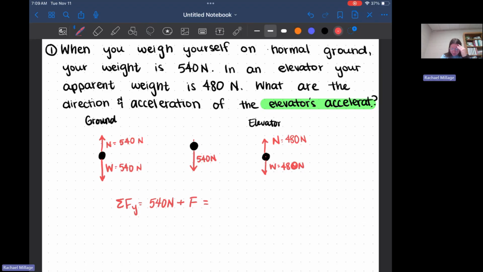But then I'm going to have some sort of force pushing off of me to offset that. So we know that the total offset of this is going to be 480 newtons.